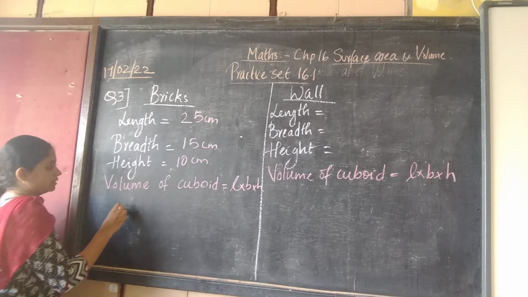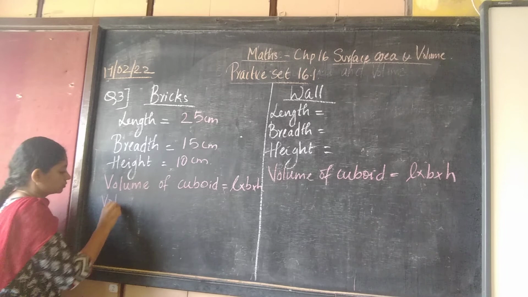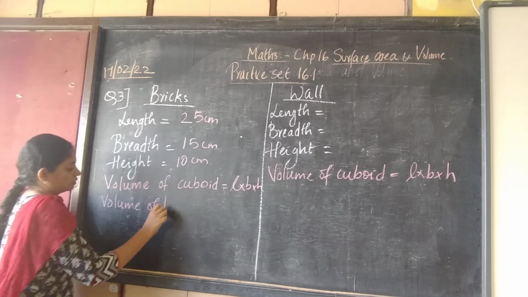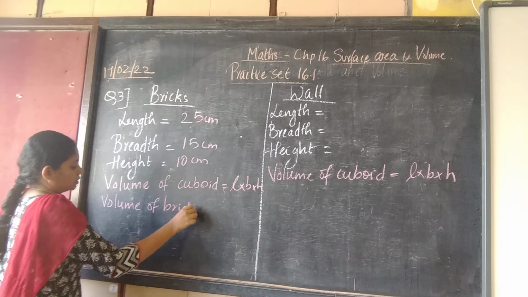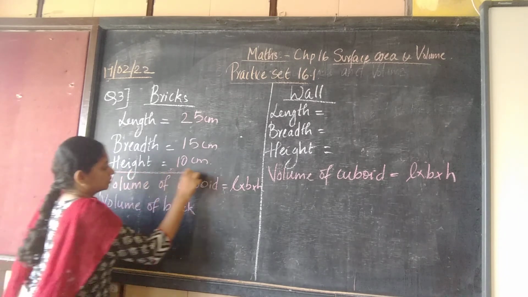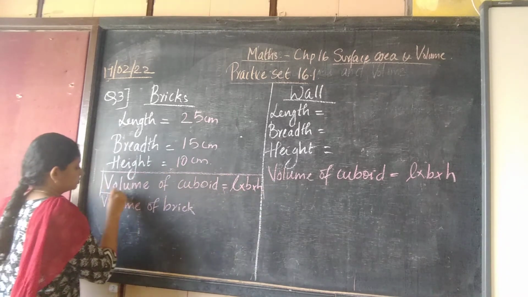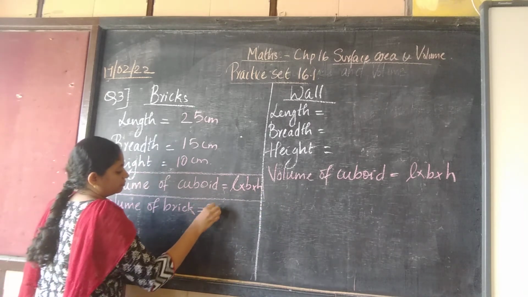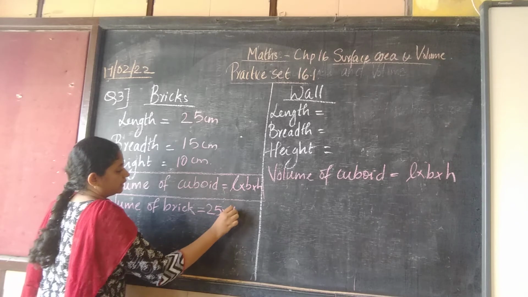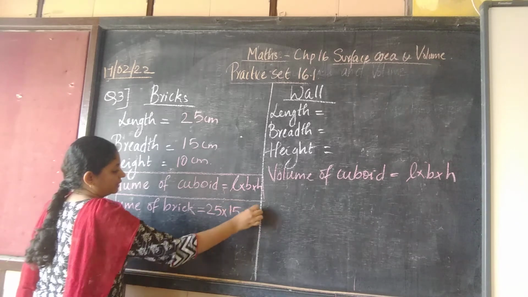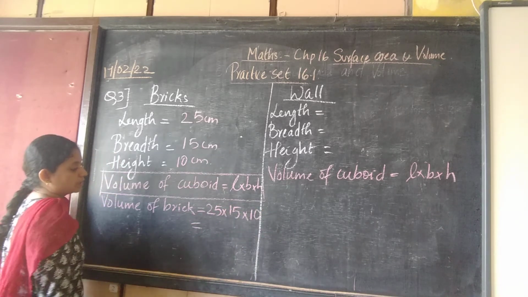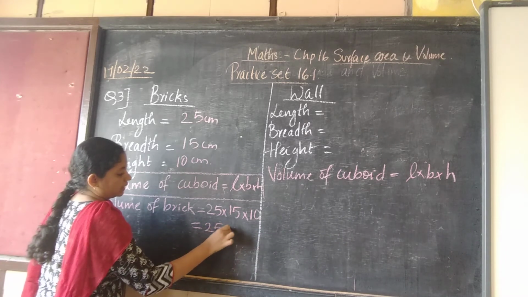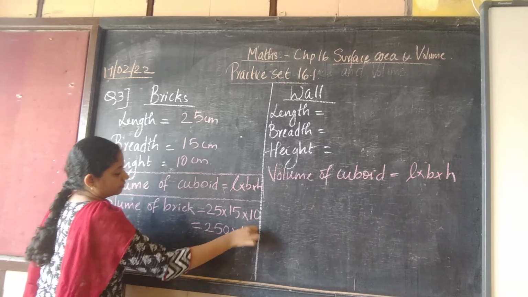That is volume of brick is equal to 25 into 15 into 10. Okay, when you multiply, you will get 250 into 15.